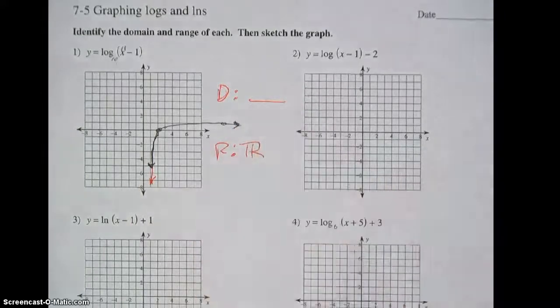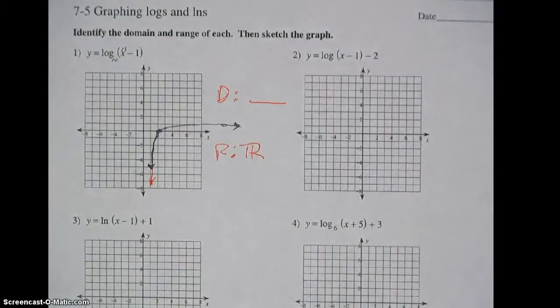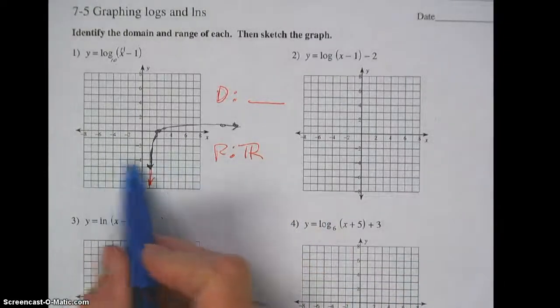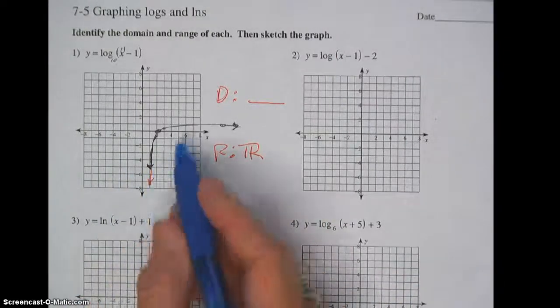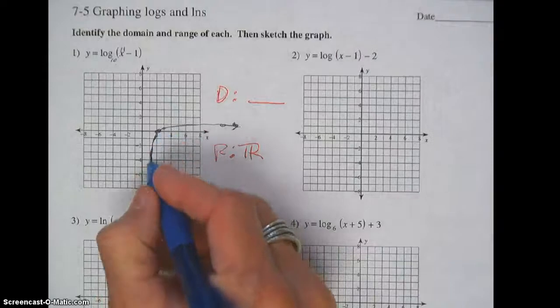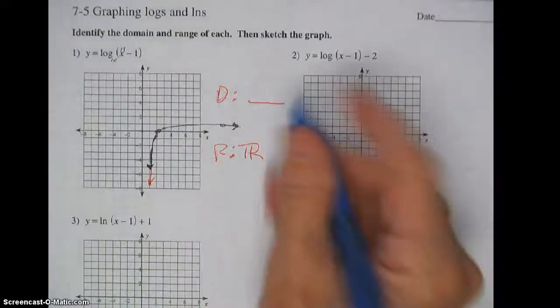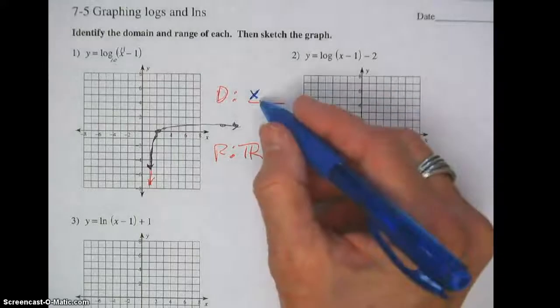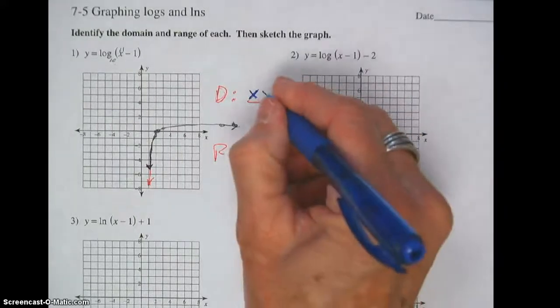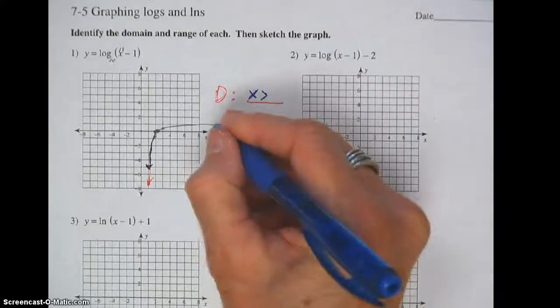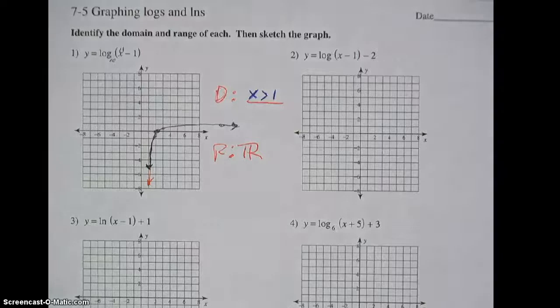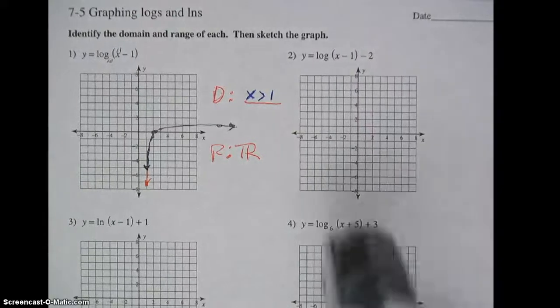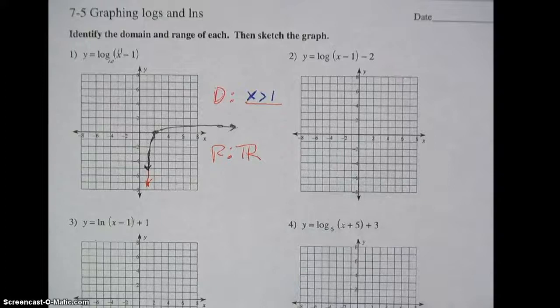That's going to become all reals for our logs, but our domain does not go forever and ever right and left. So our domain levels off here at x equal 1. So when we talk about our domain, we use an x variable, and it's always on this side of 1, which is x greater than 1. So the graphs are going to look a little different, and the domain and range are going to be different.